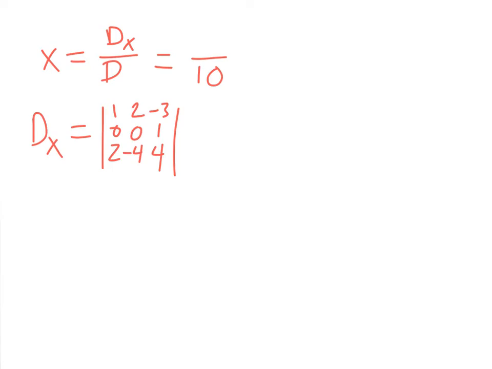Leave the z's alone. The constants, 1, 0, and 2, replace the x's. And away we go. We have a lot to do. We're going to have to do this 3 times over, once for each variable. But we're doing the same thing. We're doing a 3 by 3 determinant.